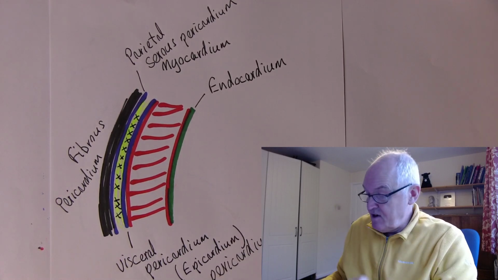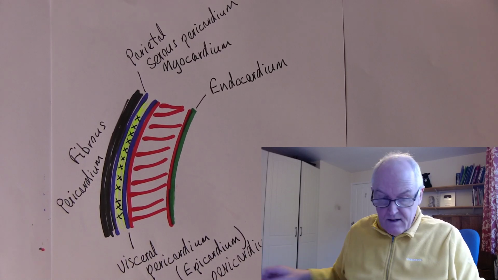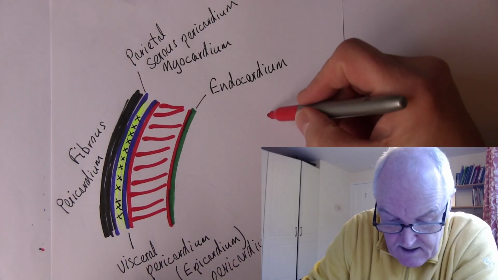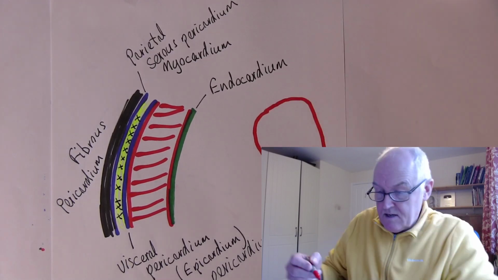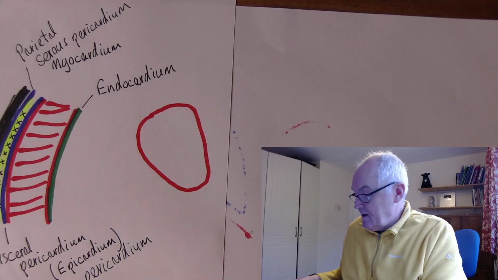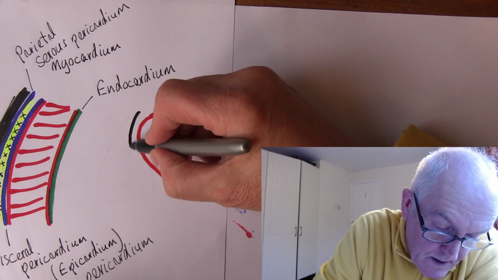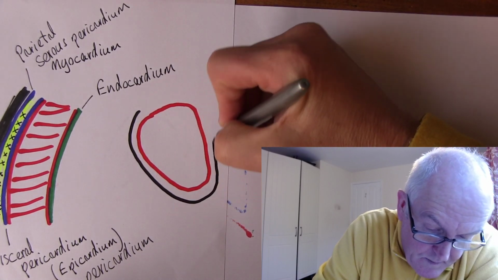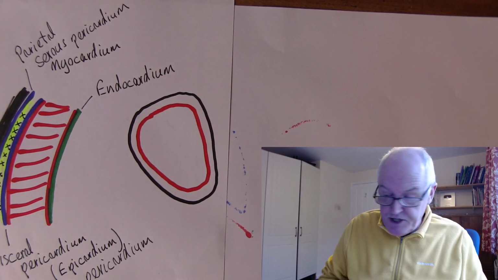Because the heart, if we imagine that this is the heart here, then the heart is completely surrounded by the pericardial sac like this. And the pericardial sac can only expand so much.